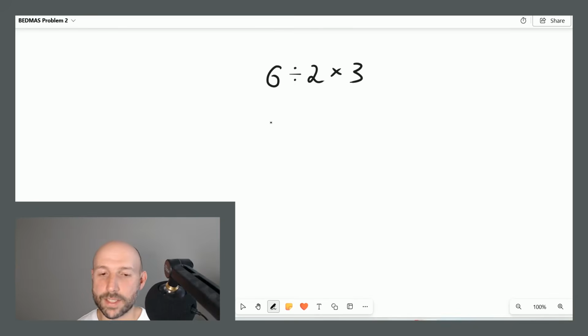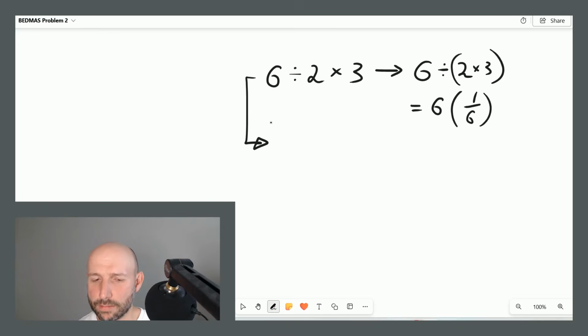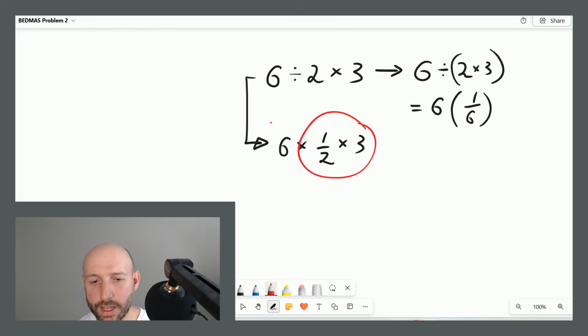Whereas if you have 6 divided by 2 times 3, and you somehow turn that into 6 divided by 2 times 3 in brackets, which is equal to 6 times 1 over 6, well, when you write that in fraction form, you see how nonsensical it is. 6 times 1 over 2 times 3, how do you turn this into 1/6?